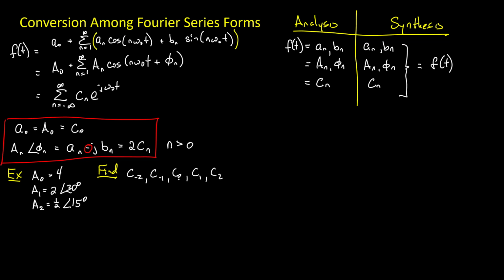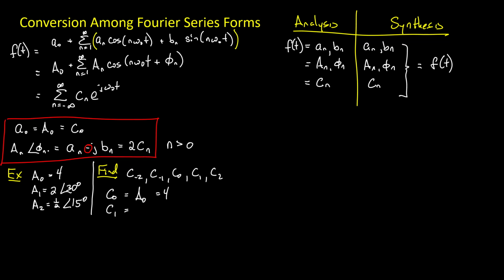In other words, what I would call our center, our DC term and our center 2 harmonics, you can construct them directly. Your c sub 0 is the same thing as your a sub 0, always up here, so that's going to be 4.